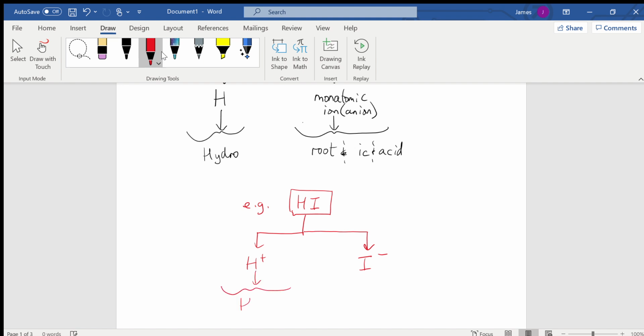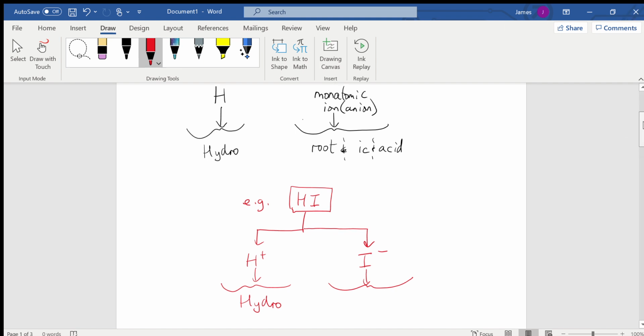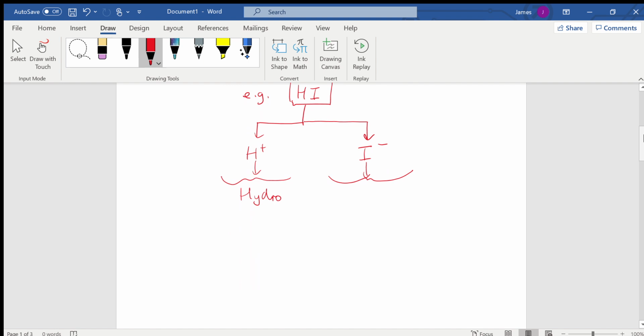This is going to give us hydro. Then, because it's from the element iodine, the root would be iode, and then we've got the suffix -ic, and then the word acid.